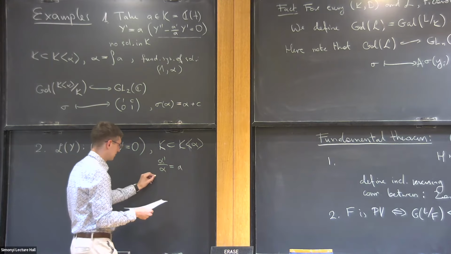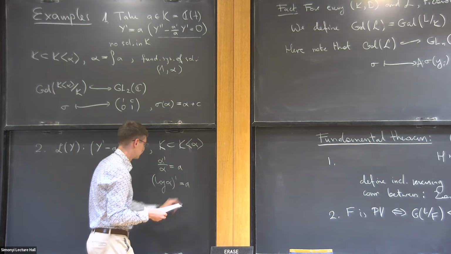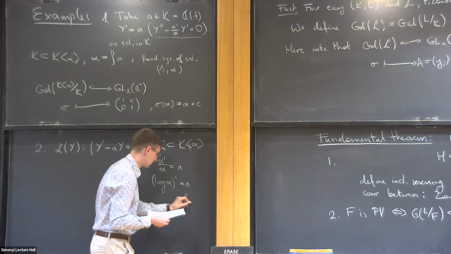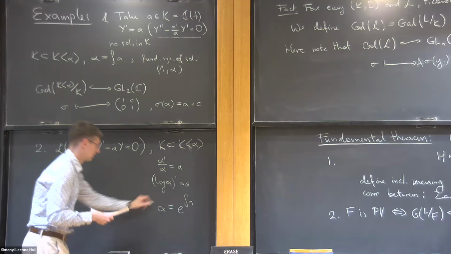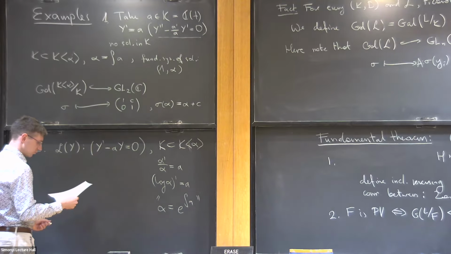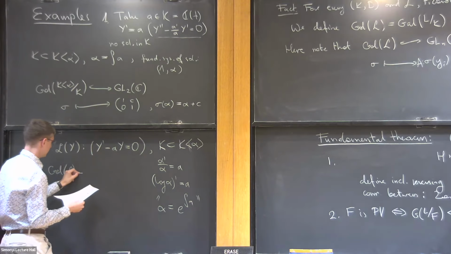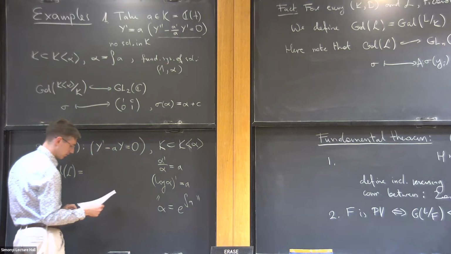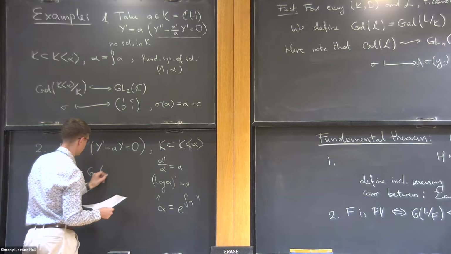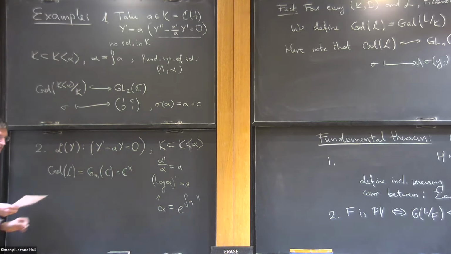So this means alpha is the exponential of the integral of a. And if we have such a solution, here the Galois group is just the multiplicative group, G_m of the constants. So this is exactly the case as in the example at the beginning.